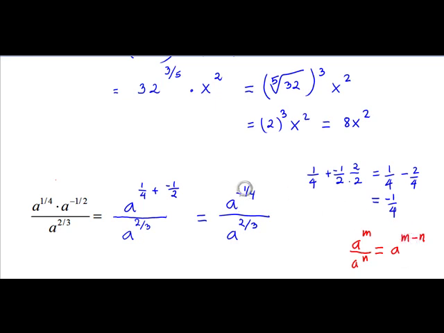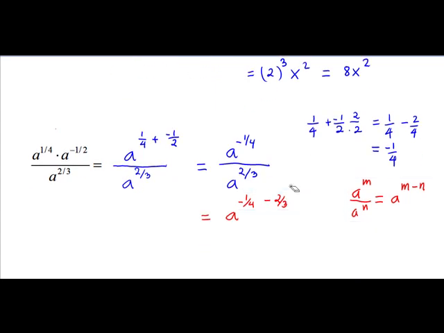So here the rule applies the same. I have an exponential number divided by another one, and the a here is our base. We have the same base, so the rule applies. We keep the common base, take the top exponent, which is 1 over 4, minus the bottom exponent, which is 2 over 3. And then now we simplify the exponent.